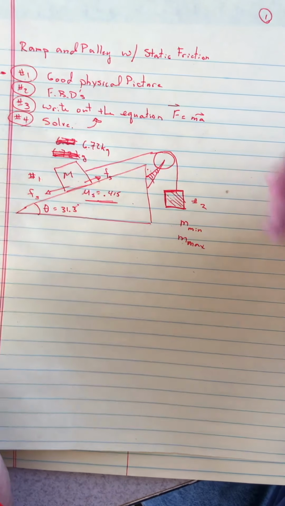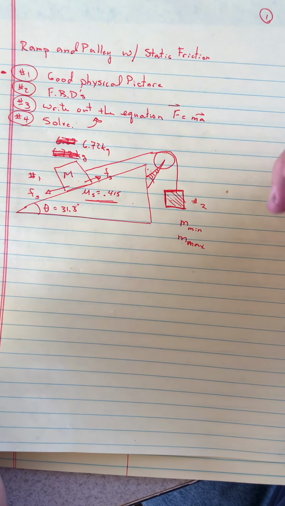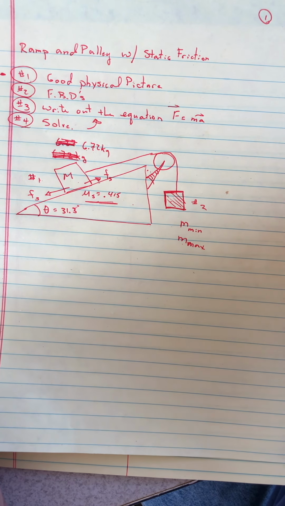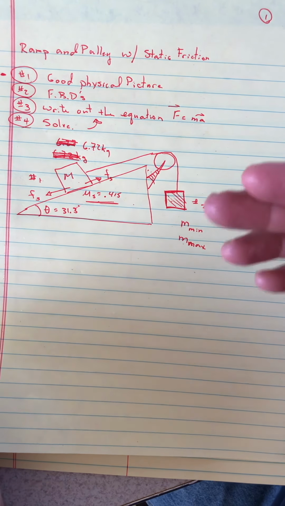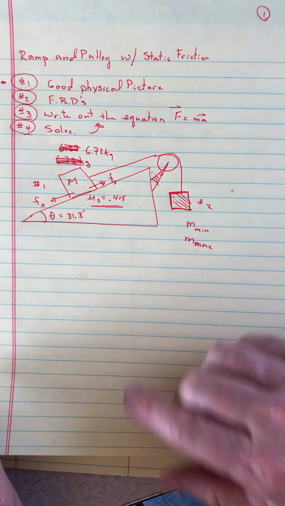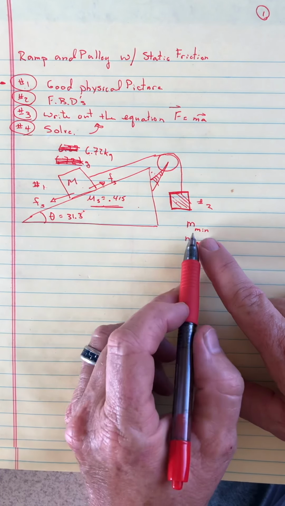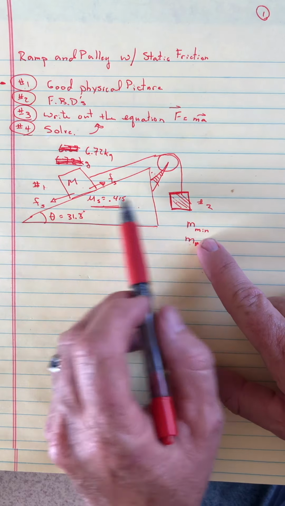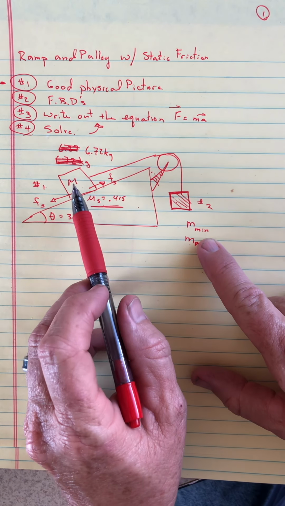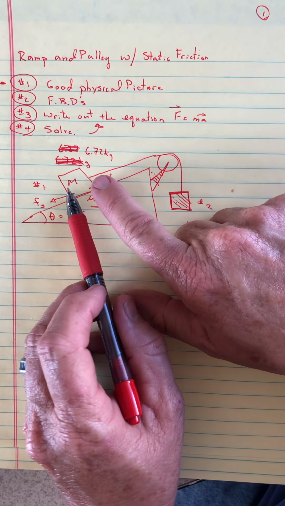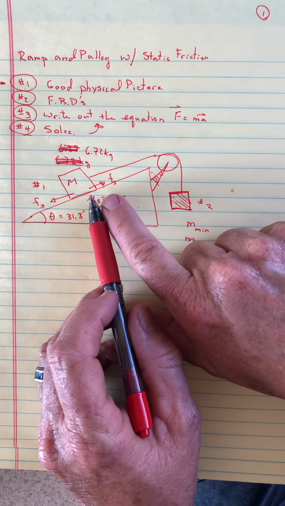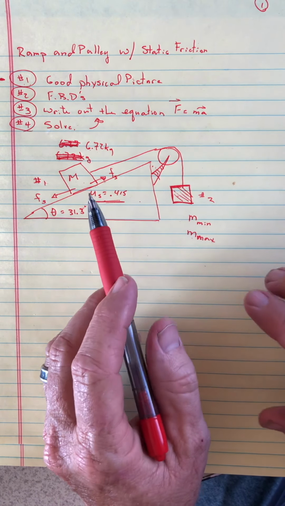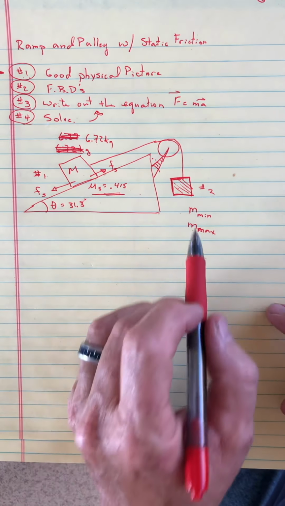But why don't we just start with scenario number 1 here. And that is what would be the minimum, okay? So let's pretend that this block here is going to be sliding down, and so the friction is uphill, okay?